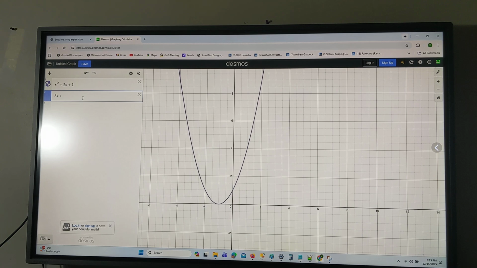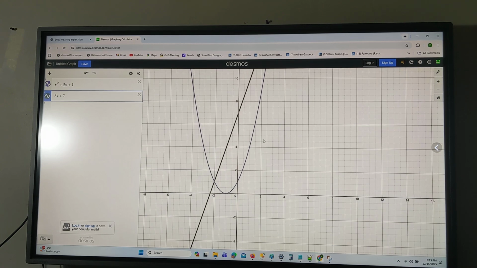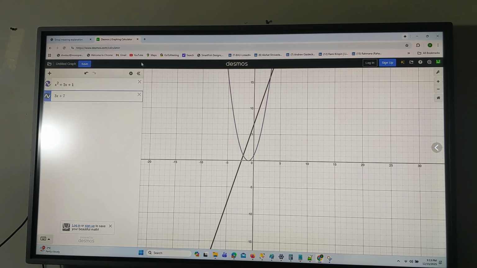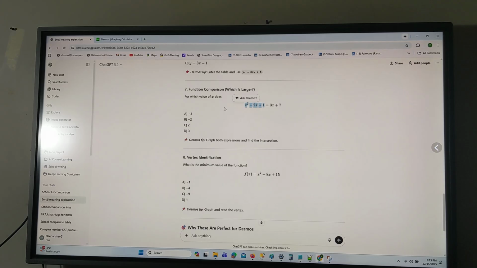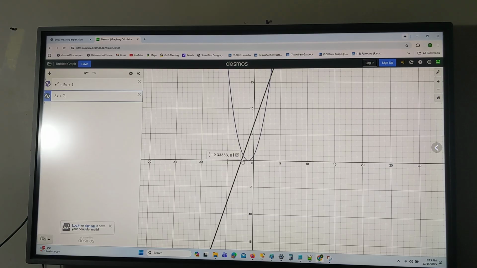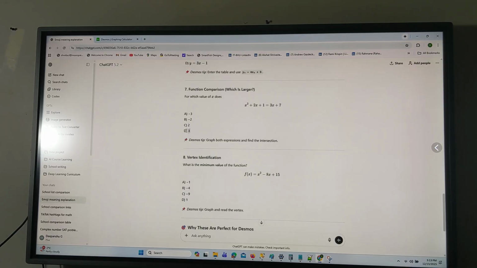So these are the two curves. Now for which value of x are they equal? What are those two values? Well, looks like one is at minus 2.3 and another is at 3.16. So 3 should be the right answer.